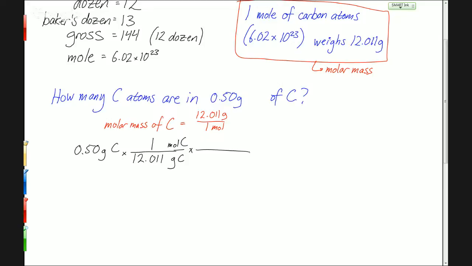Then we also need to know how many atoms are in a mole of carbon, because we know how many of anything is in a mole, which is 6.02 times 10 to the 23rd. That's how many of anything is in 1 mole of that thing.